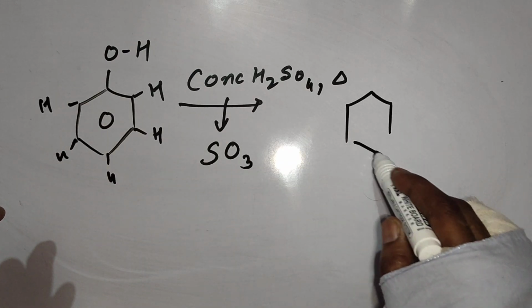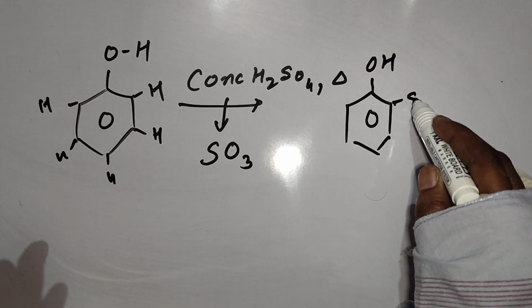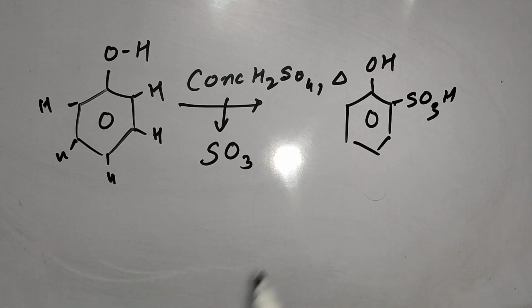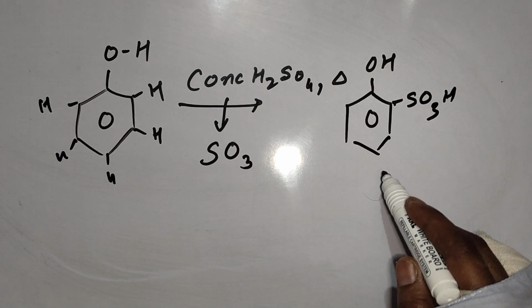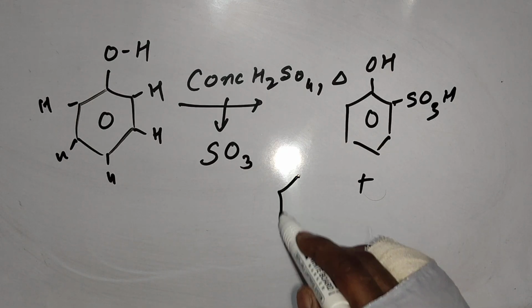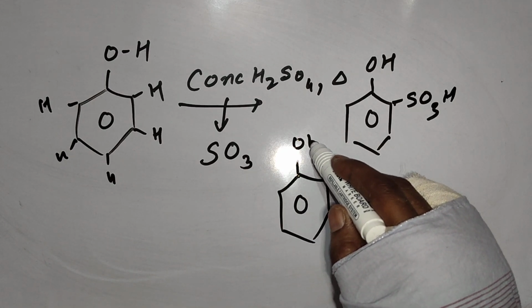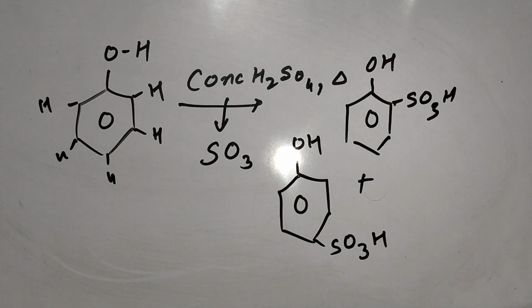So first product, ortho product, SO3, and the replaced hydrogen will be joined with it, H. Mechanism we will discuss later. Ortho substituted product we got. Similarly, one more product you will make. At para position it will attack and we will get a para substituted product.